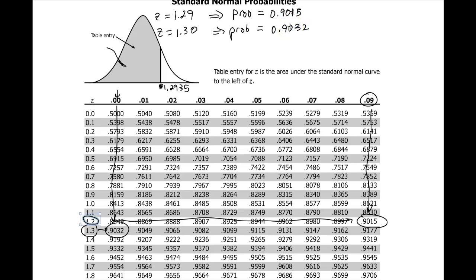So now that we have that information here, what I want you to notice when we do this linear interpolation, what we are assuming here is that since it's such a small distance in between 1.29 and 1.3, that even though we have this probability density function kind of doing like this, within that small range, this particular function will be acting like a line here.